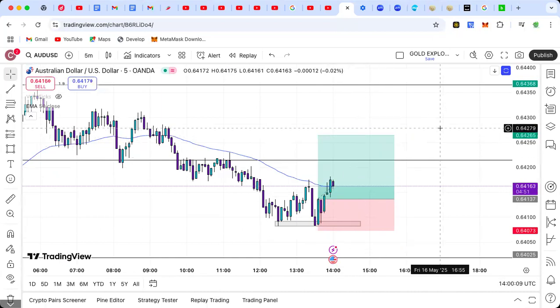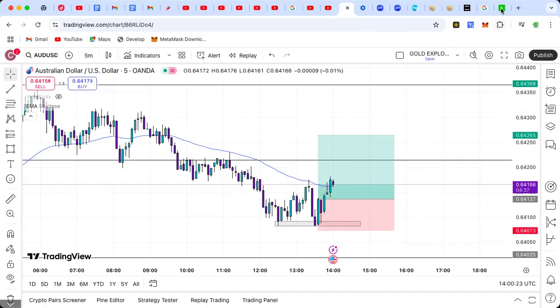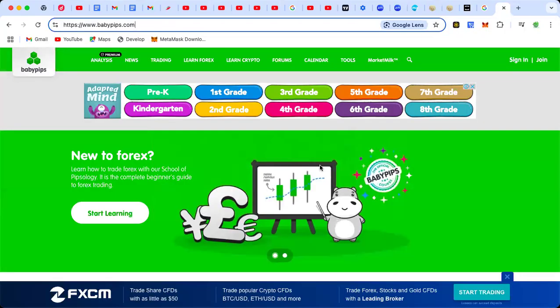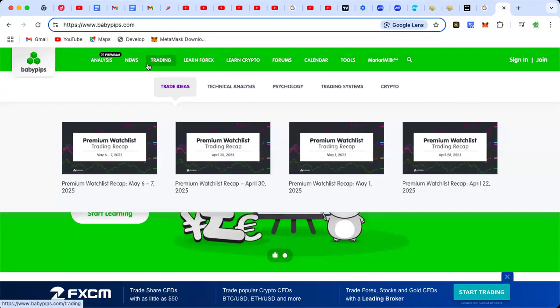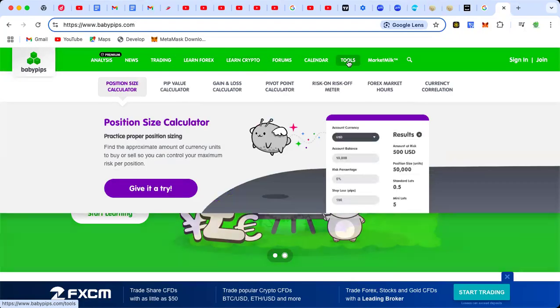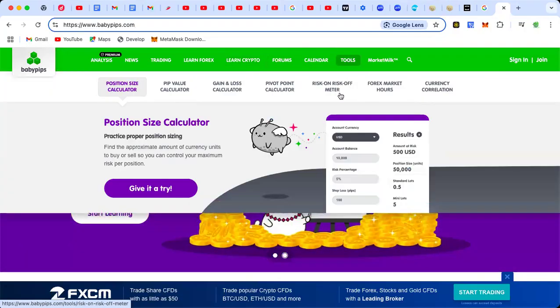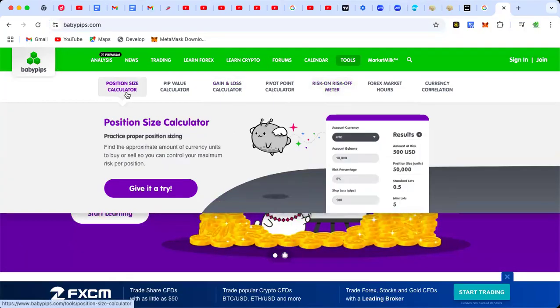In this case, depending on how much you are trading with, let's say you are trading with about $20,000, and then your risk exposure. If you are trading with a prop firm, you go to babypips.com, then to tools, and then to the volume size calculator.